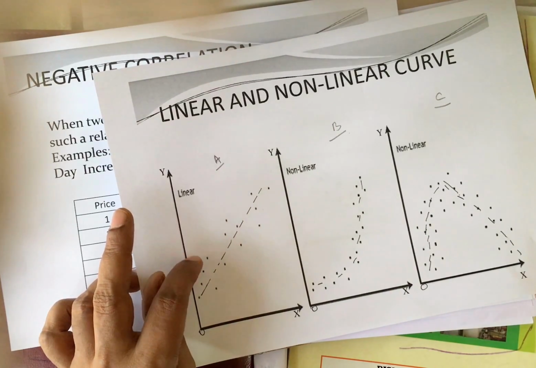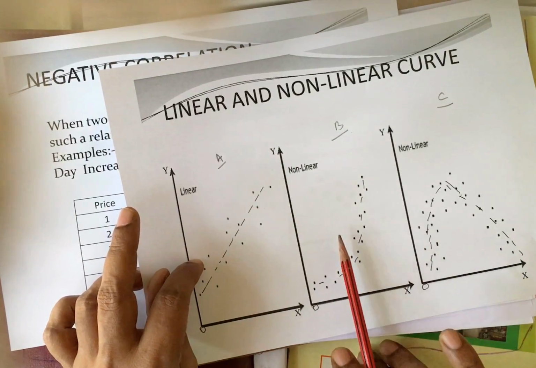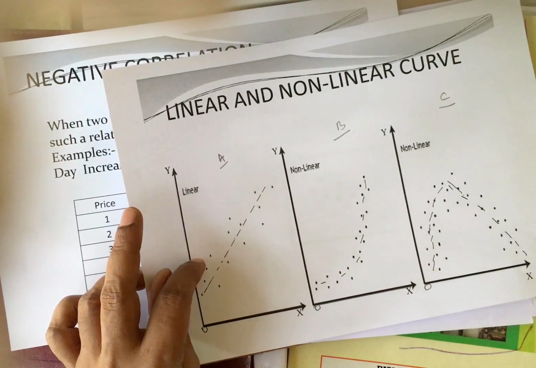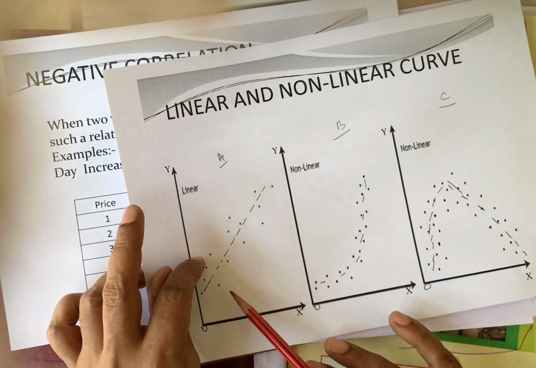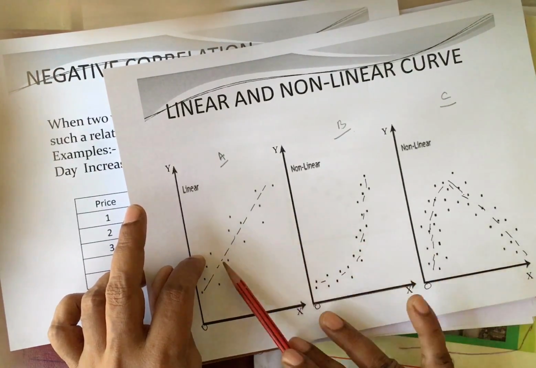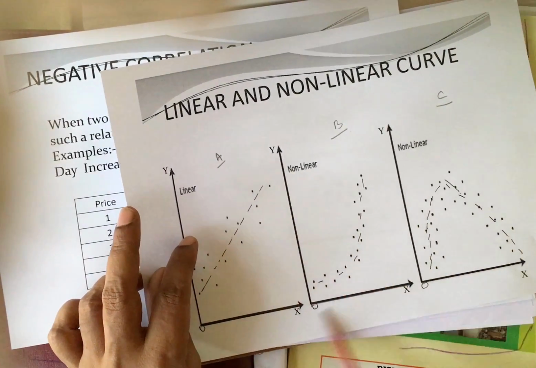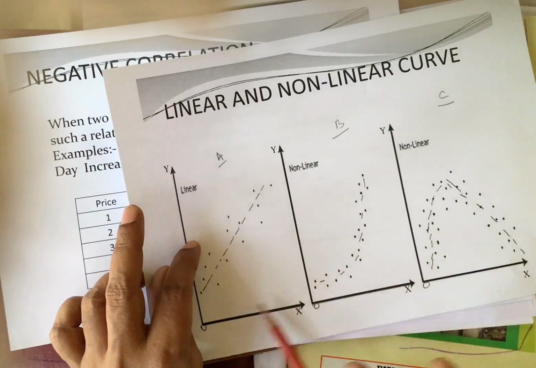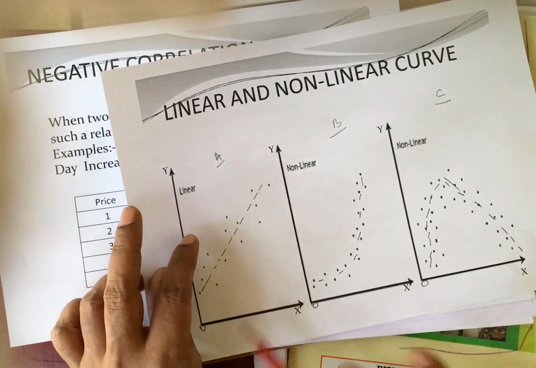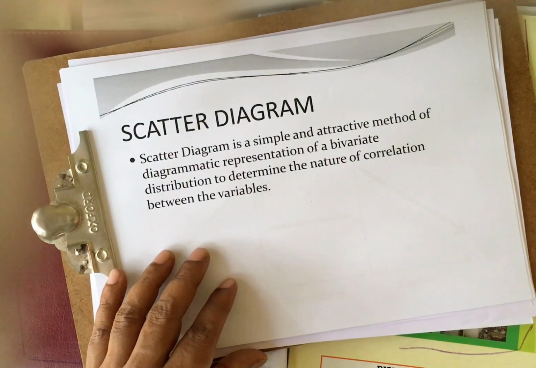If the points are not close to the line, it is non-linear. If the points are far away from the line, then that is a low degree correlation. If the points are spread over the entire x and y area, then I can say there is no correlation.